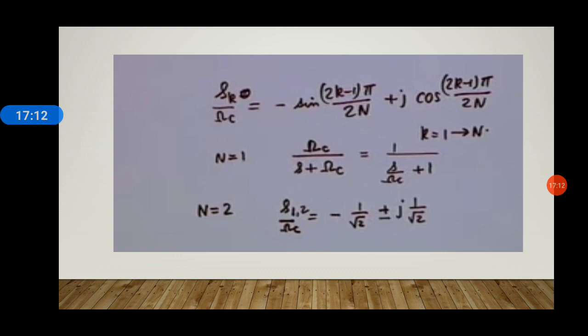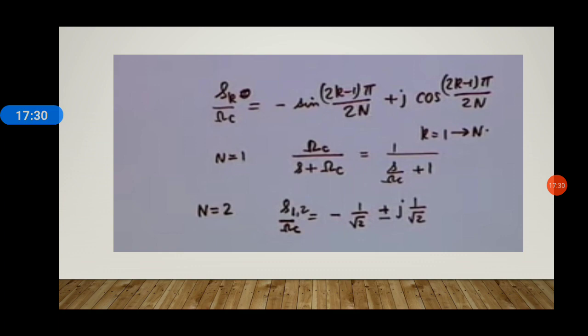If there is a complex pole, the other pole will have its complex conjugate. So we need not go into the next pole, because here k will go from 1 to 2, since n is 2.